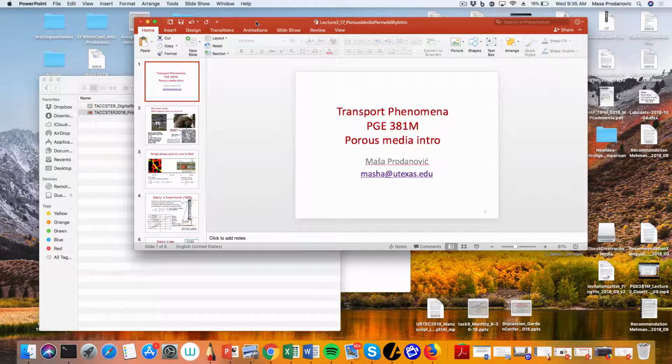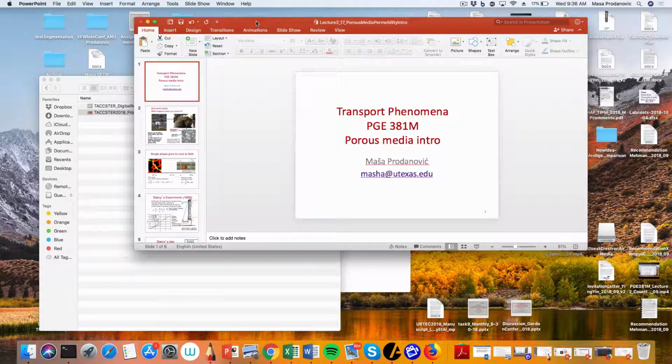Now with flow around the spheres, I can actually do some upscaling. So upscaling is the process of figuring out, hey, how do I get effective flux through something like this, based on what I know on the microscopic end of the flow? And what we know are those derivations: flow through a tube, through an annulus, through a slit, and around a sphere.